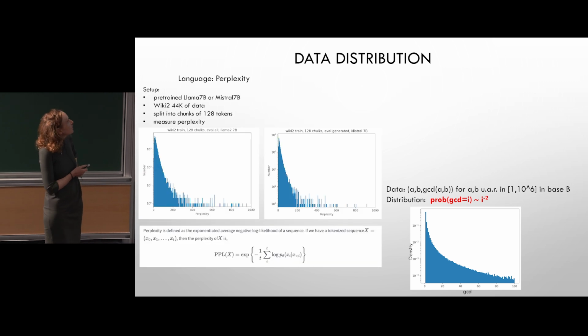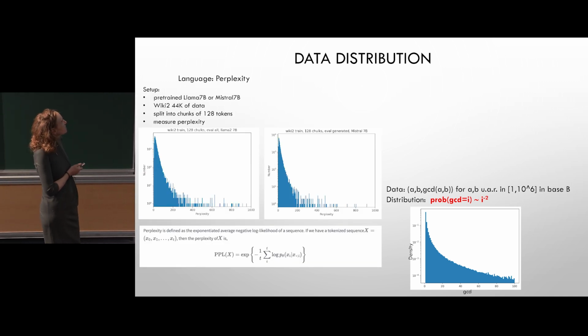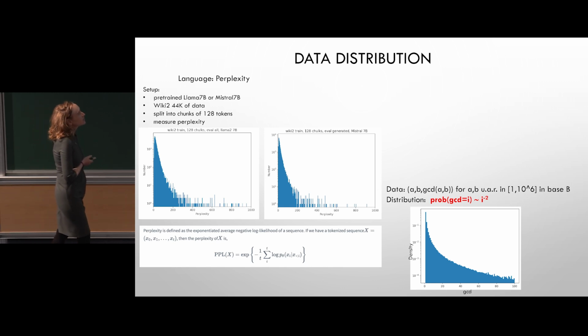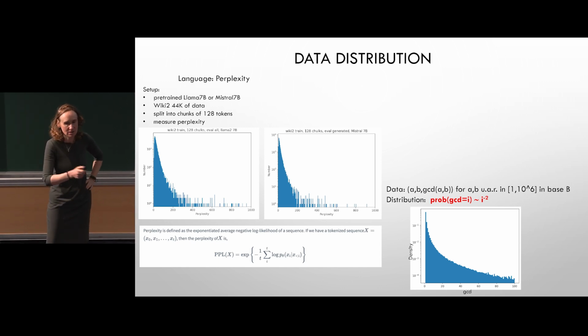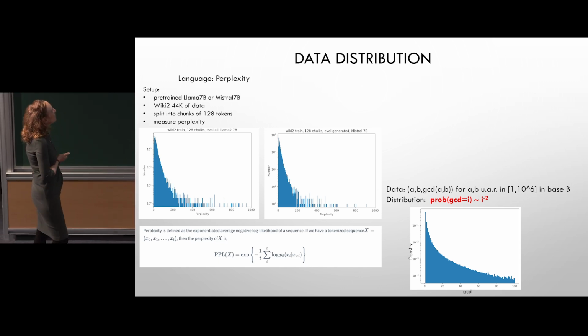Having said all this, let's look at one of the bigger language models that are currently available, Llama 7B or Mistral 7B. You heard about Mistral, that's the defection from math to language models that Amaury mentioned.